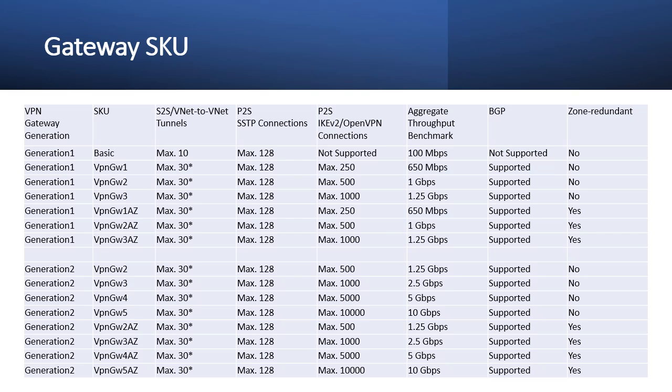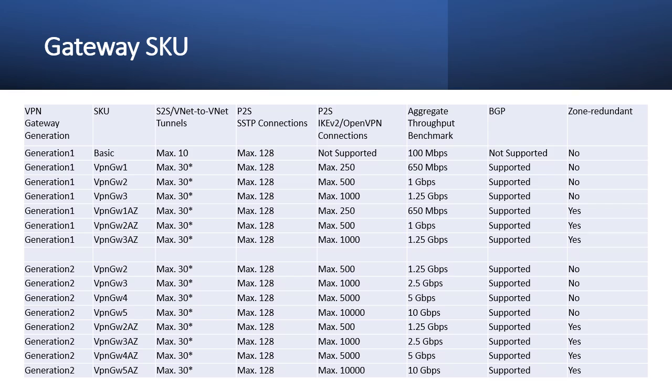So the following are the gateway SKUs you can choose from. In Basic, you get a maximum of 10 connections. In VNet-to-VNet tunnels, P2S is 128. It's not supported for some of these protocols, and you can get up to 100 Mbps. BGP is not supported here.